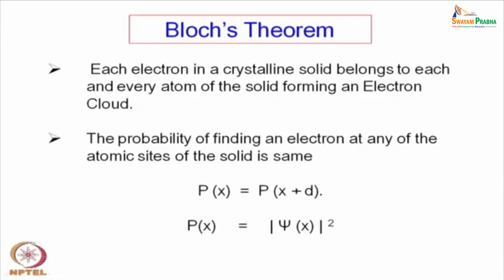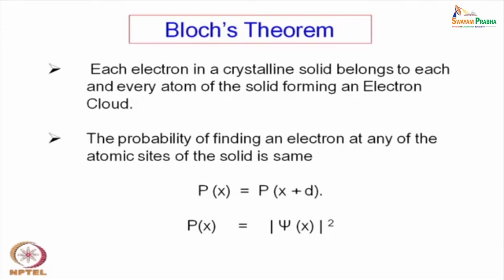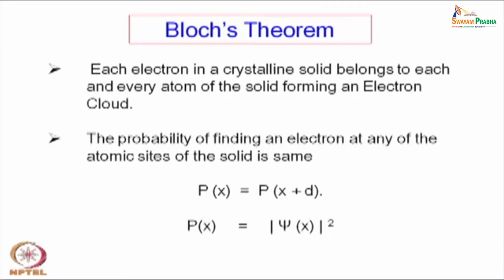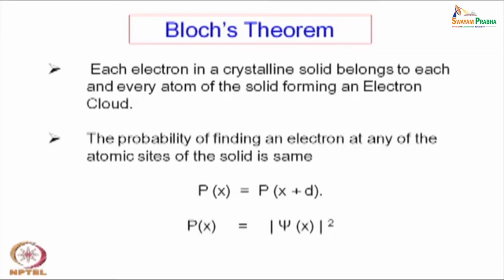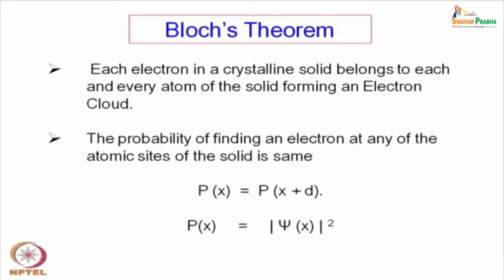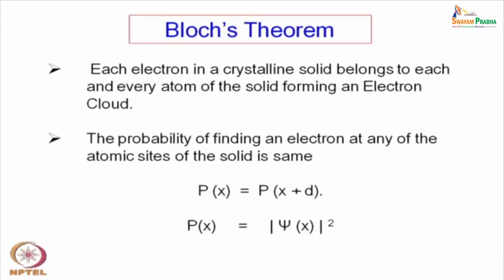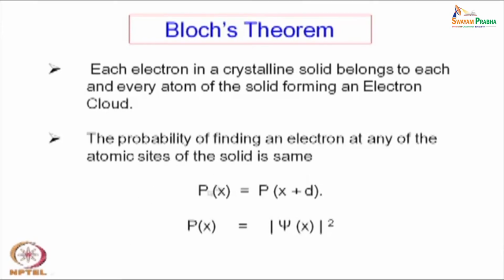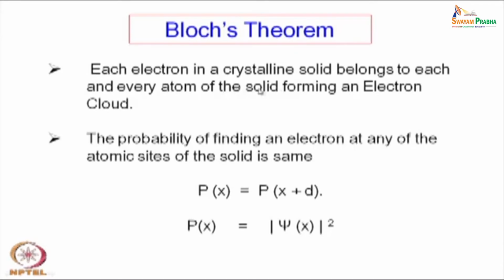So, the probability is more, but it is not static at any particular point. It is moving around, on some kind of time sharing basis. More time it is near the positive charges than away from the positive charges. But the concept of electron cloud still exists.